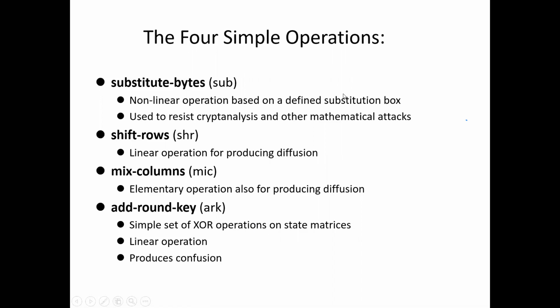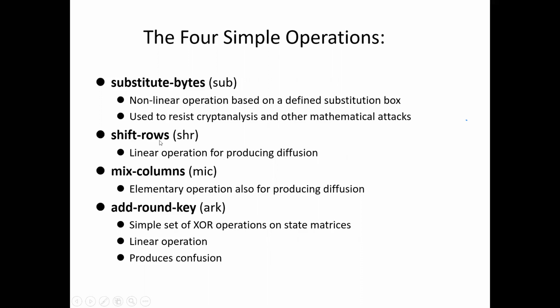Remember we said that these operations are on this Galois field GF 2 to the 8. Because this is a field, we can have inversion, so we can define an invertible substitution box. This is used to resist cryptanalysis attacks and other mathematical attacks.